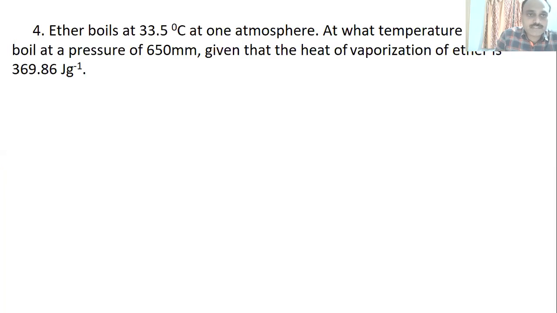Now, the boiling point temperature of ether is 33.5 degrees Celsius, at 1 atmosphere, which is 760 mm. That is P, and this is T.